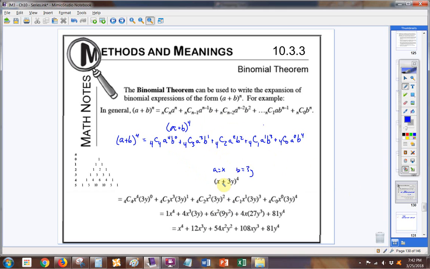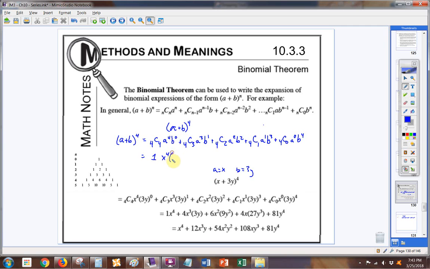So maybe we'll just redo it ourselves here. 4C4, I can put that in my calculator. 4 choose 4, there's only one way to choose 4 items out of 4 items, so that's going to become 1. My a to the fourth is going to become x to the fourth.